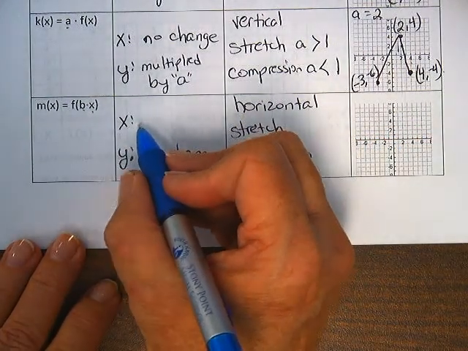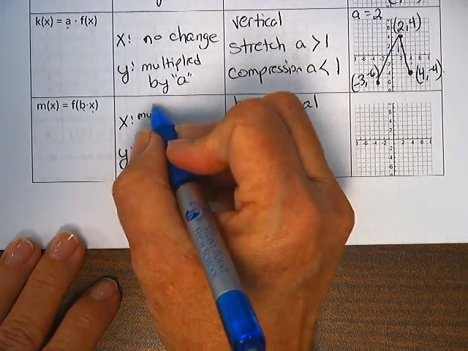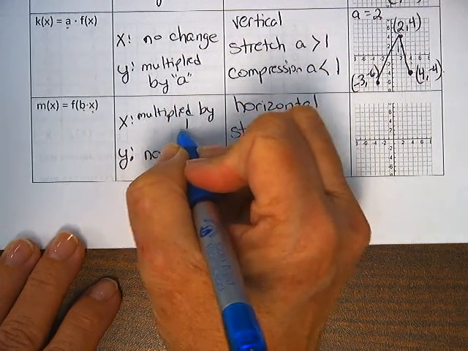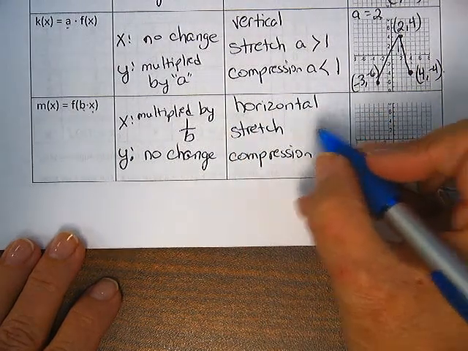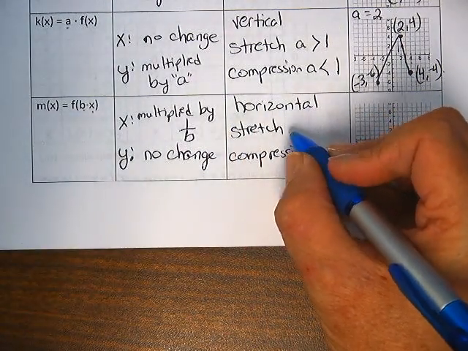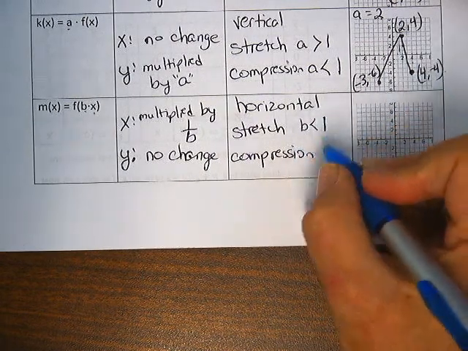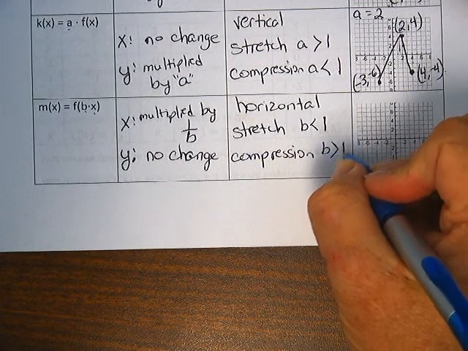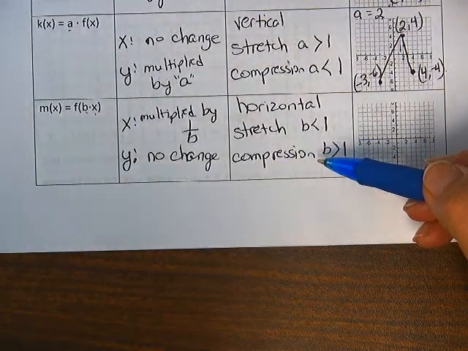So what happens here is every x value is going to be multiplied by 1 over b. So we're going to get a stretch if b is less than 1, and we'll get a compression if b is greater than 1. These are the opposites of what happens with our vertical stretch and compression.